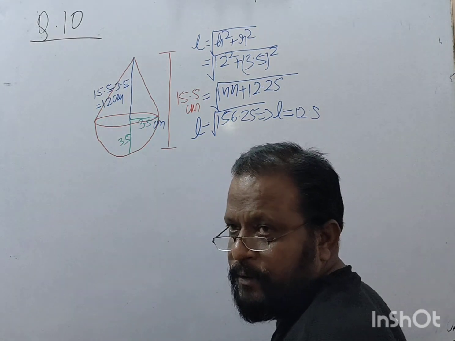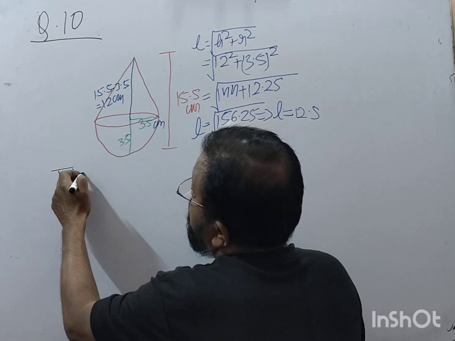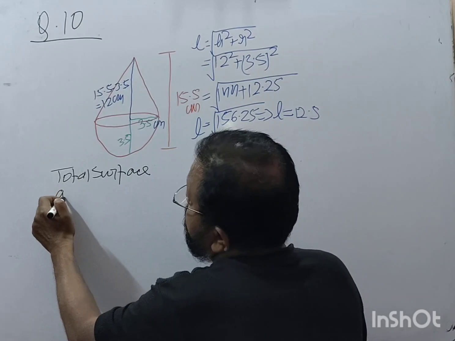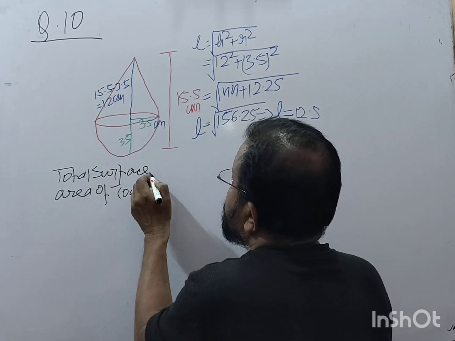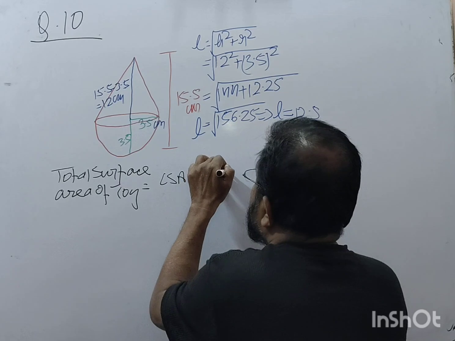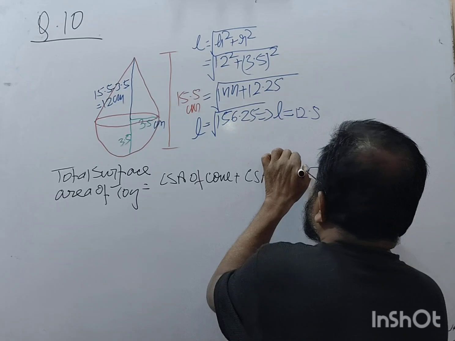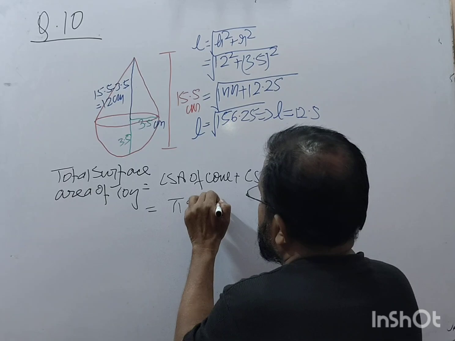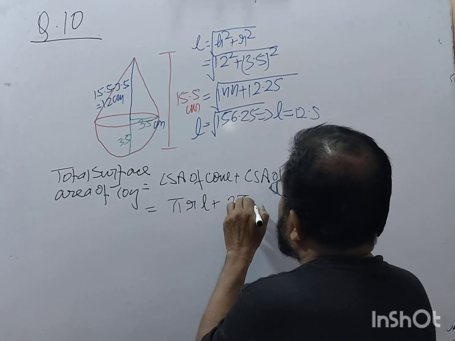We have to find the total surface area and volume of the toy. Total surface area of toy is equal to CSA of cone plus CSA of hemisphere. So it is pi r L plus 2 pi r square.